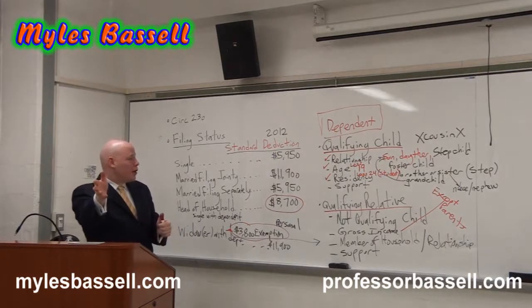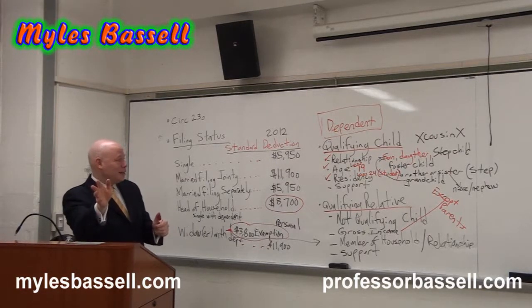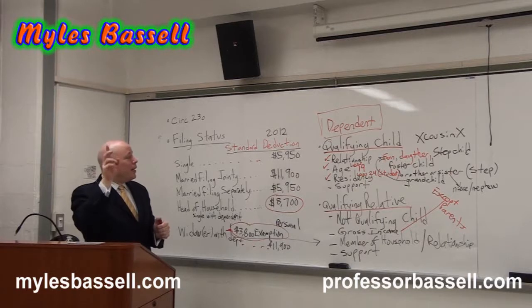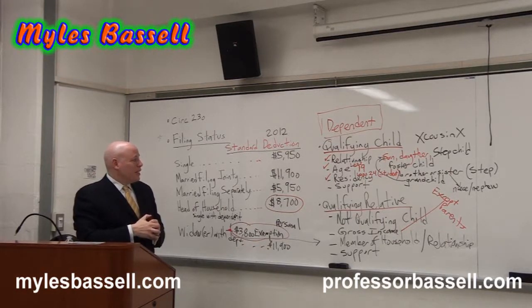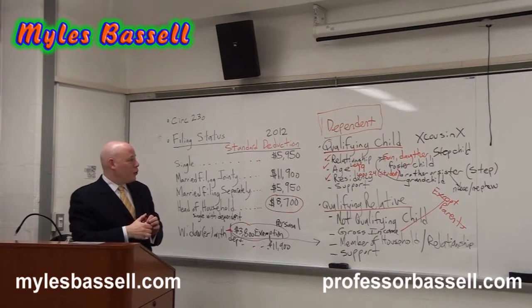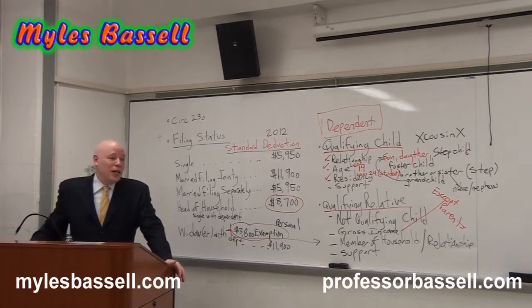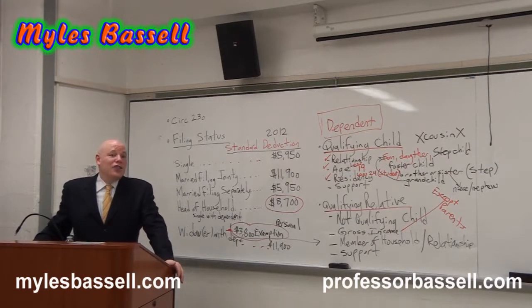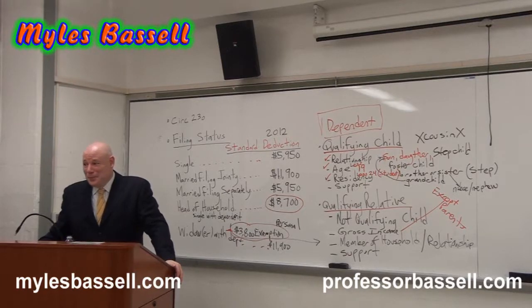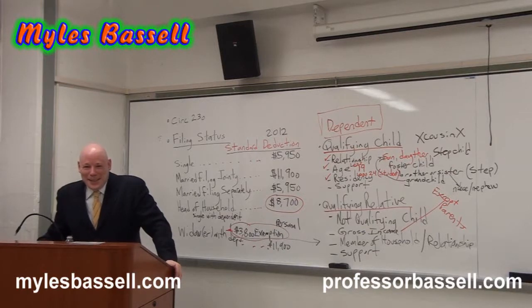Now, are we going to resolve this other issue tonight? What about if the qualifying child is less than 24 years old and they don't provide more than half their support and they're doing study abroad in China? Corinne, what do you think?